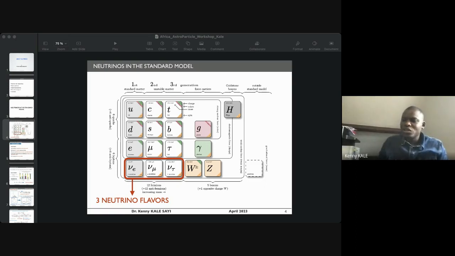The more you interact with the crowd, the more success you have, the more you are known. The same thing for a particle: the more it interacts with the Higgs field, the more mass it gets. So the Higgs boson is very important because it's the particle responsible for the mass of particles, and it also interacts with itself. That's why it has mass, and it's 125 GeV.